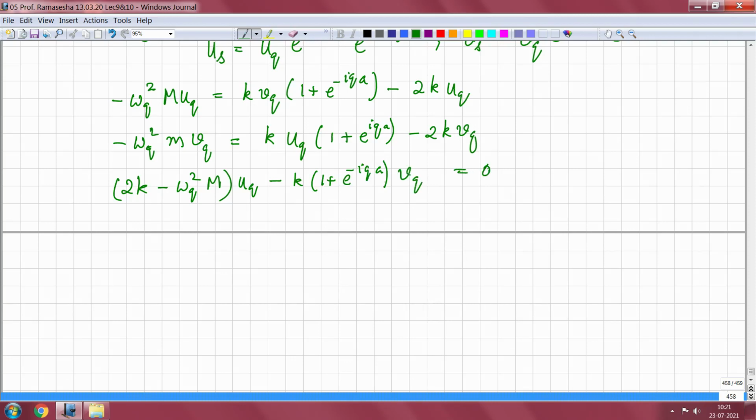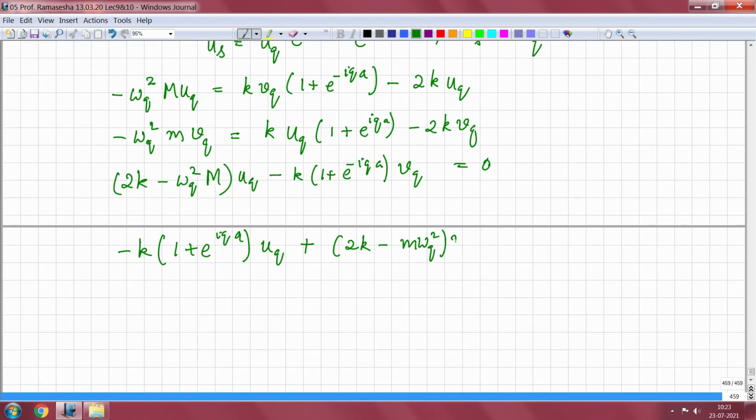That is one equation, and the other equation is minus k times 1 plus e to the iqa uq plus 2k minus m omega q squared vq.